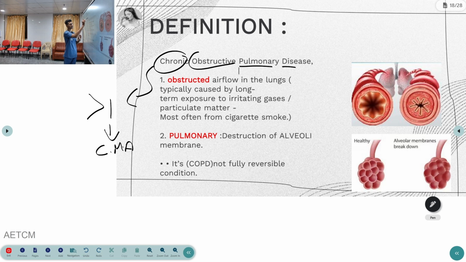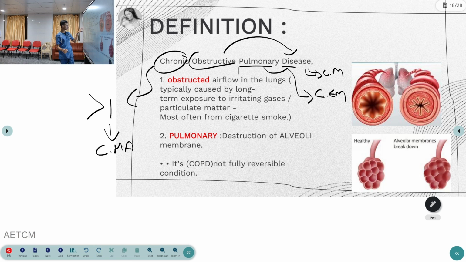Obstructive disease means airway obstruction, that is, the condition of chronic bronchitis. Pulmonary disease means a disease in the parenchyma of the lung, and here we are denoting chronic emphysema.